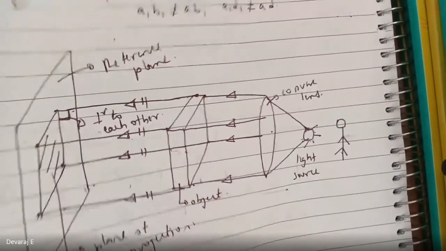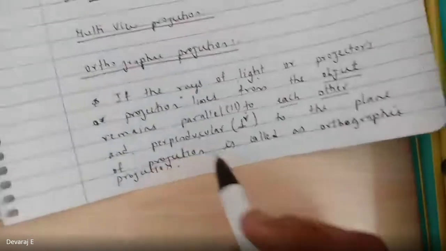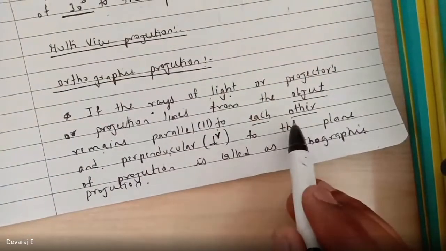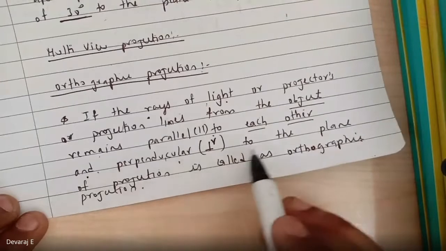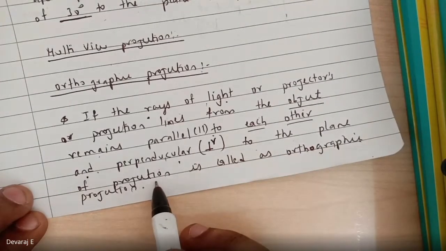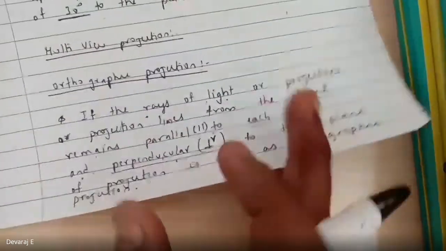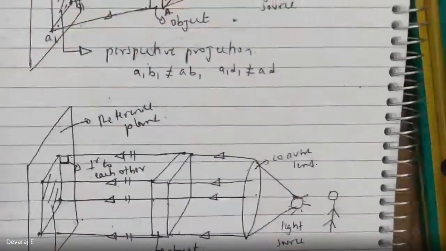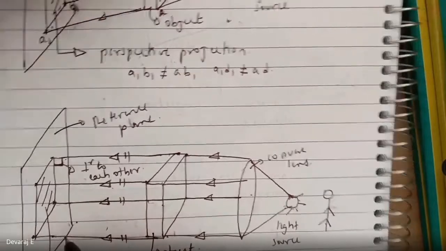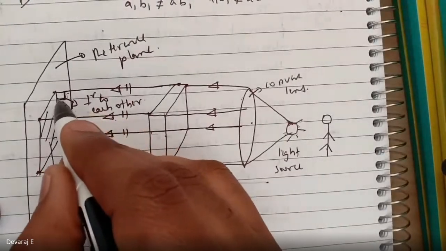So according to the definition, the projectors remain parallel to each other and perpendicular to the plane of projection. See, it is very important: perpendicular to the plane of projection. That means the projectors falling on the reference plane should be perpendicular, 90 degrees.